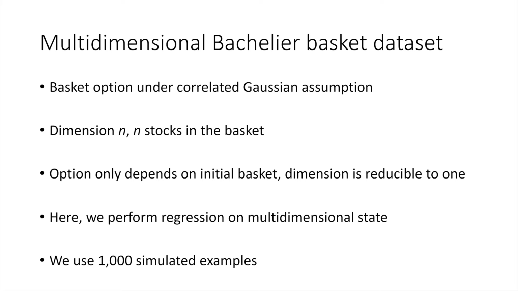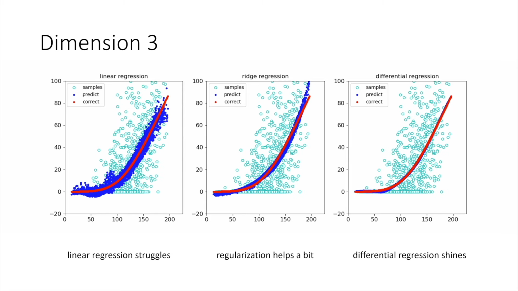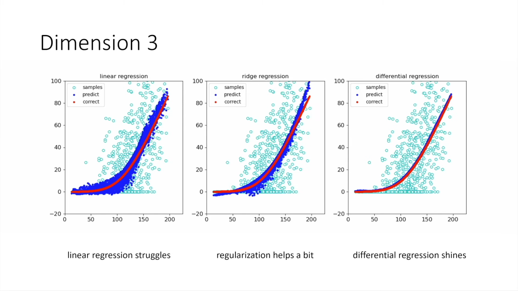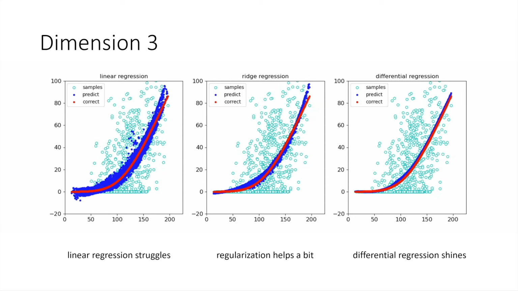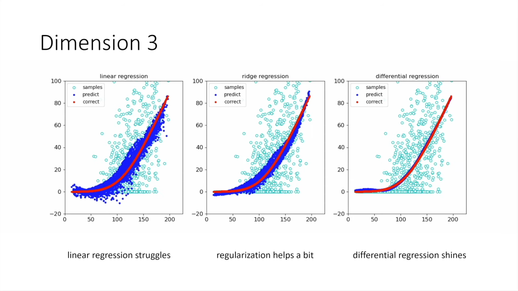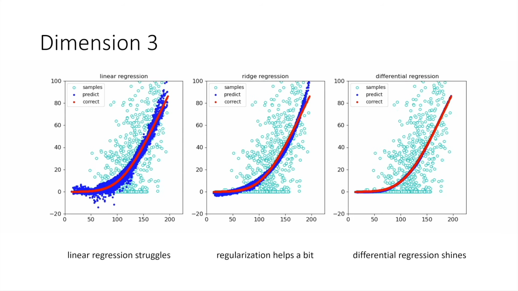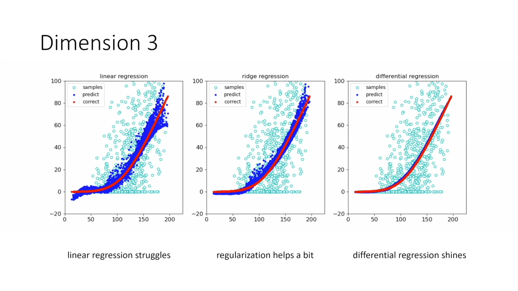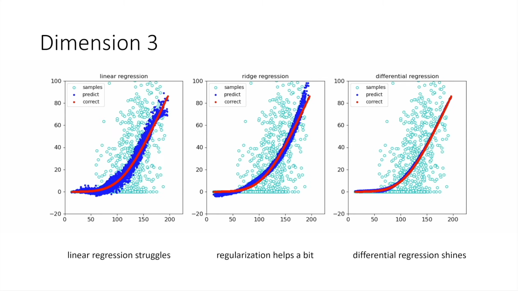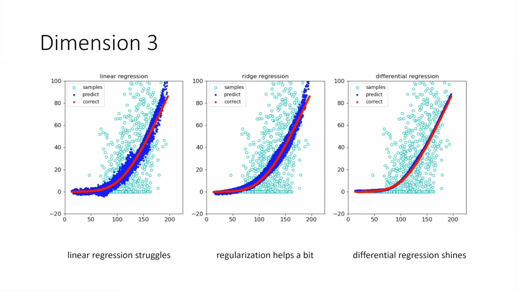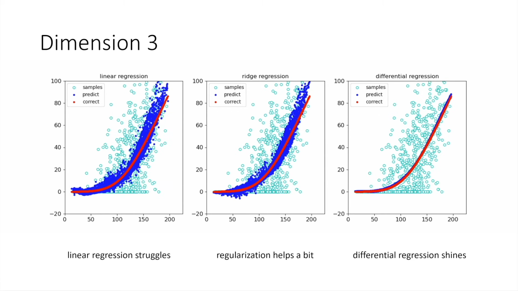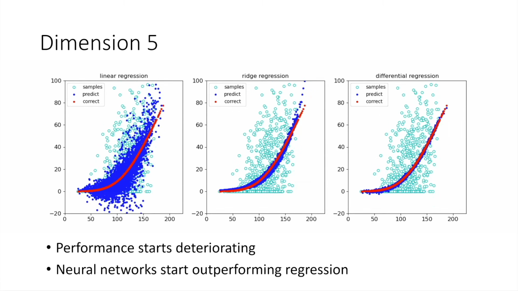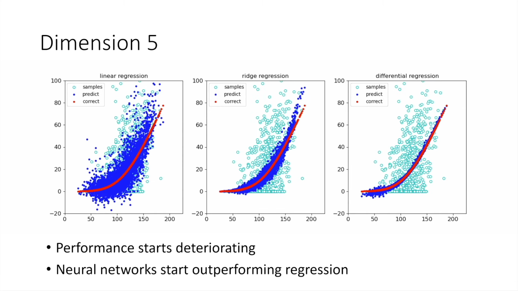In dimension 3, linear regression struggles. Tikhonov regularization helps a bit, but the performance of differential regression stands out. Differential regression really shines precisely in situations like this. Performance starts deteriorating in dimension 5.